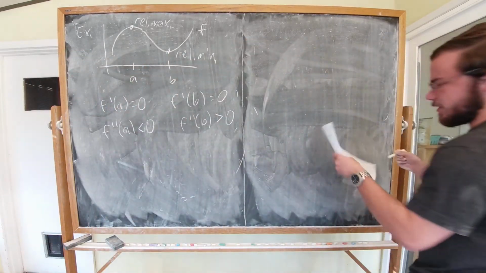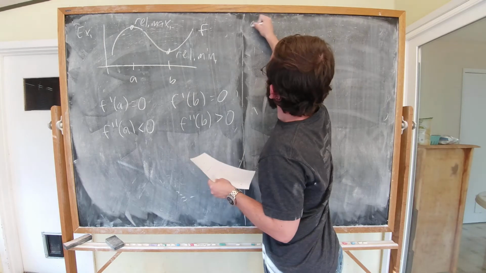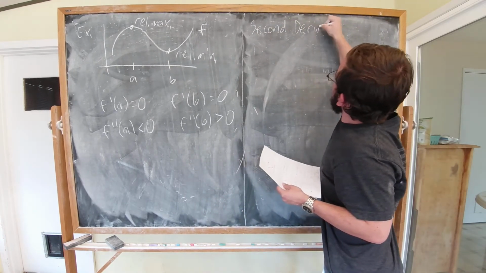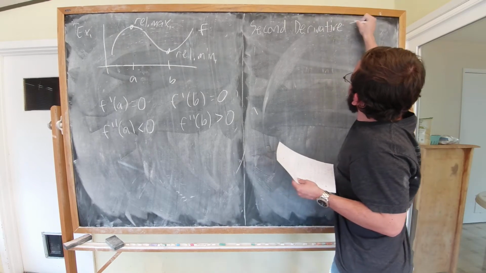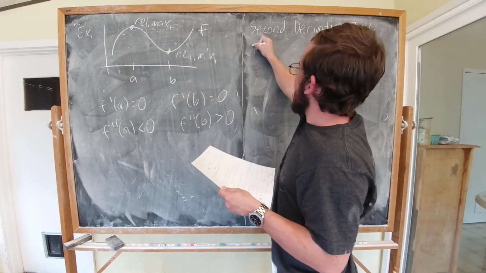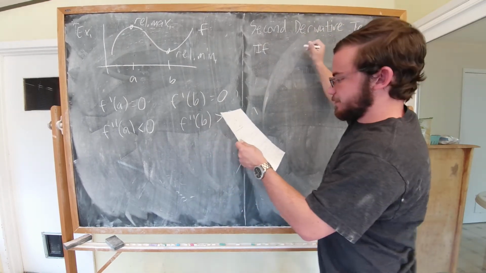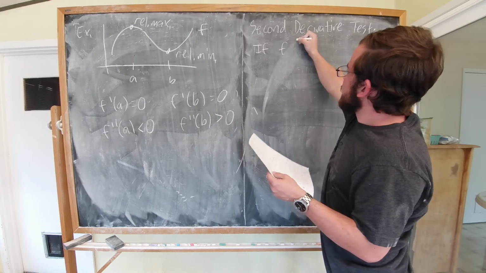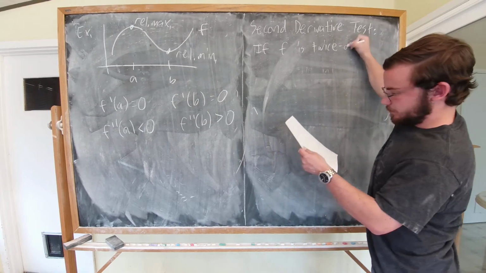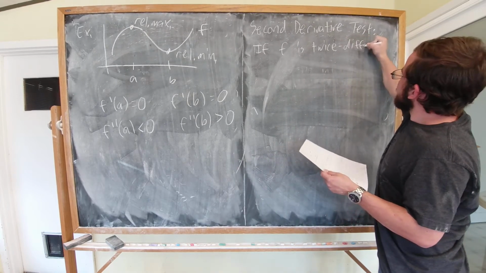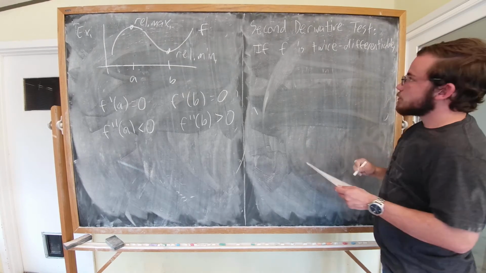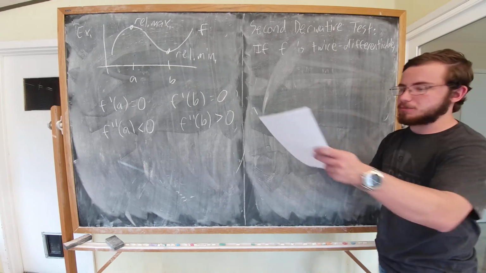Alright, so what does the second derivative test say? Second derivative test says, hey, if your function f is twice differentiable, we can compute minima and maxima more easily.